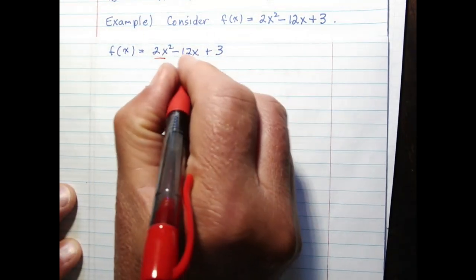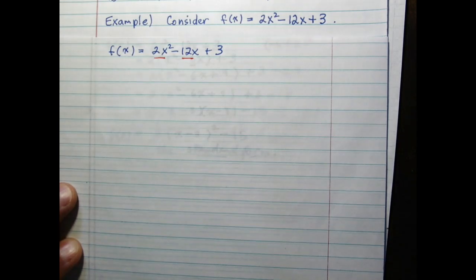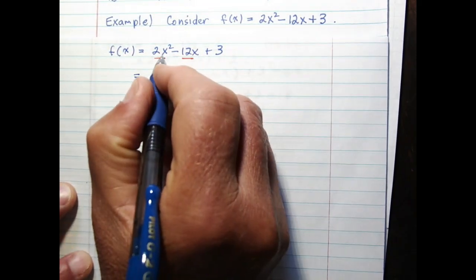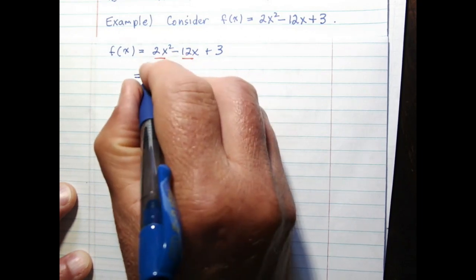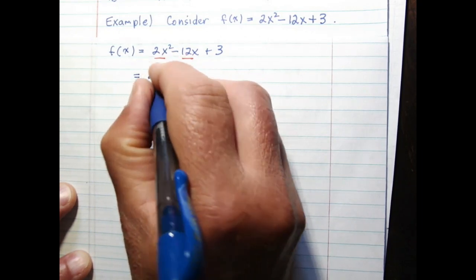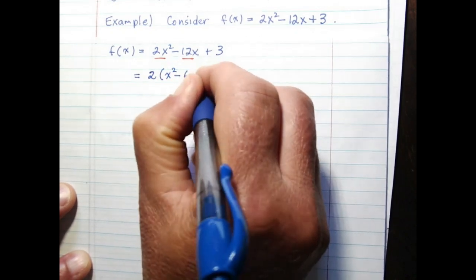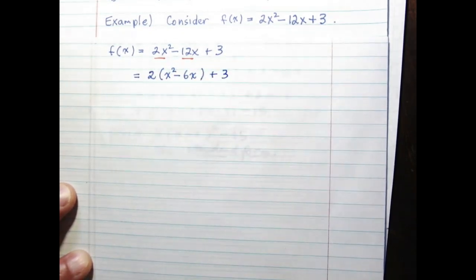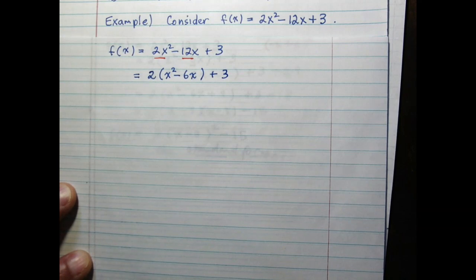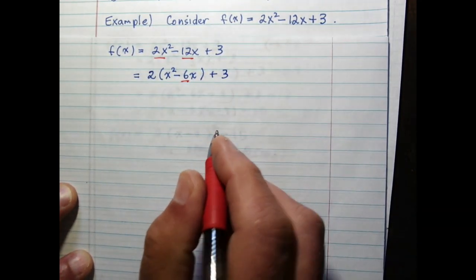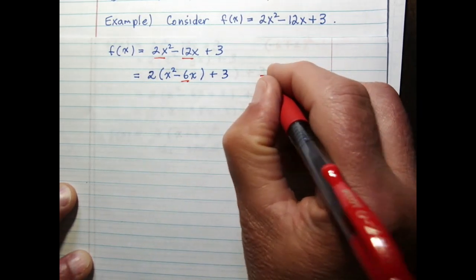I'm going to get started here by factoring out a common factor of 2 from these first two terms of the function expression. So I'm going to have 2 times x squared minus 6x in parentheses plus 3. And then I'm going to take that coefficient of x inside parentheses, that negative 6.